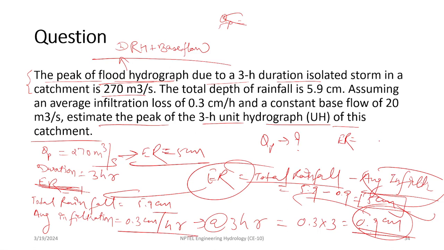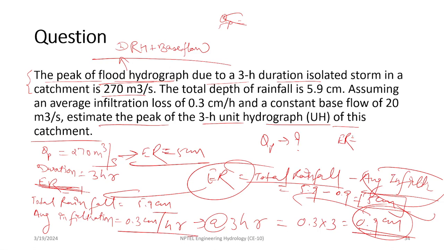See, the duration is the same here. Only the effective rainfall is varying. In the earlier case, 270 meter cube per second was generated due to an effective rainfall of 5 centimeter. But now they want us to compute QP at ER equals 1 centimeter, for the unit hydrograph.